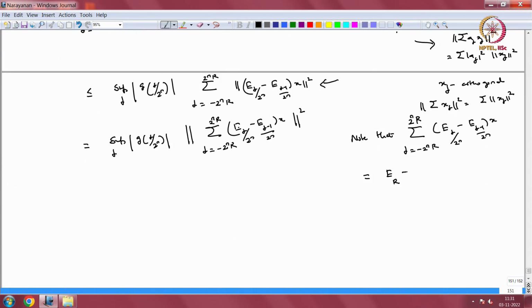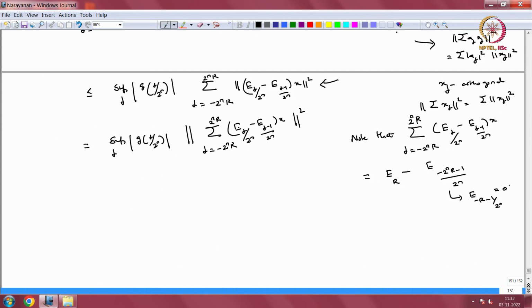So, that is minus e^j minus 1. So, that is minus 2 to the n, r minus 1 by 2 to the n. But this one we already saw, that is actually equal to e to the minus r minus 1 by 2 to the n, and so it is 0.